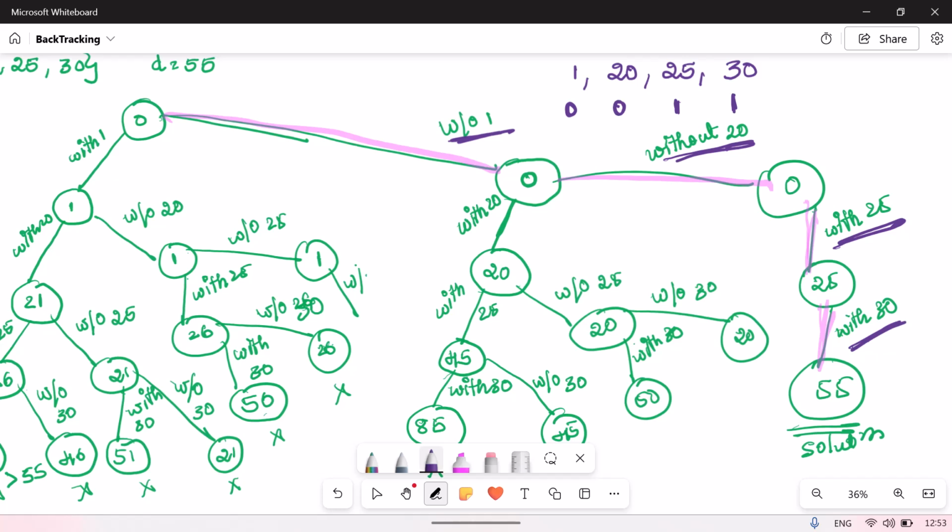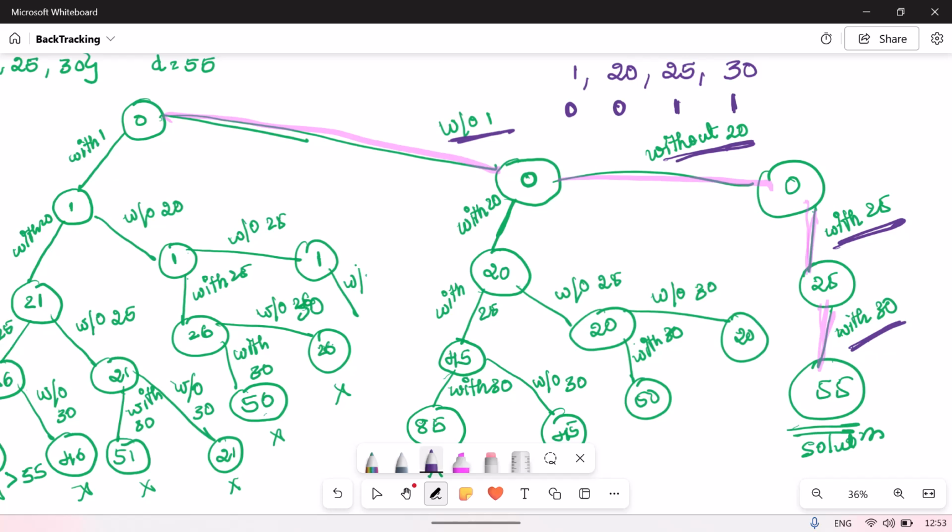Let me recall N queen. There will be N queens with the N cross N chessboard. You are supposed to place the queens in such a way that no two queens attack each other. That means no two queens in the same row, same column, and same diagonal. Then we came to the Hamiltonian circuit where you will have to find whether there is a Hamiltonian cycle present or not.